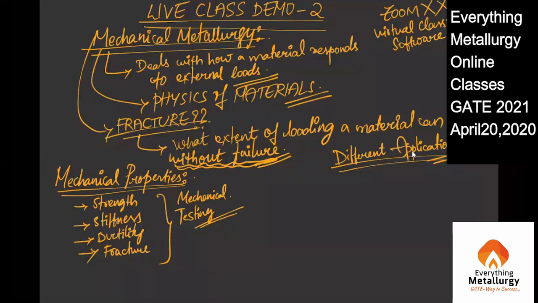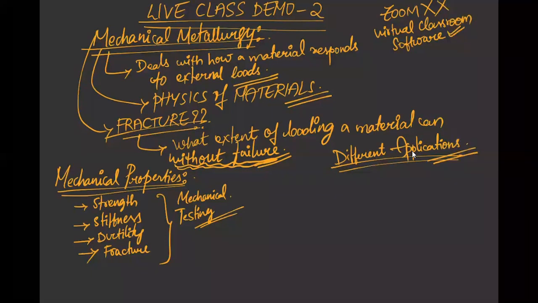You have to study the different types of mechanical tests. Once I explain the different tests available, we'll discuss one of the tests in this lecture, and then come back to how these mechanical properties can be studied using it. Firstly, you have to know what the different tests are, or what the different loading types are.